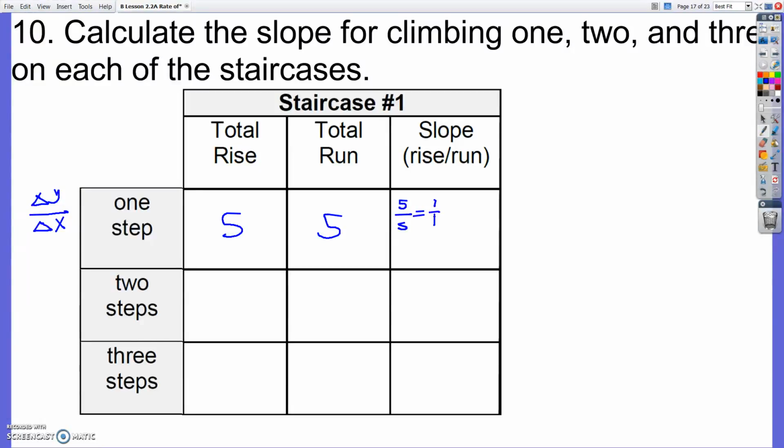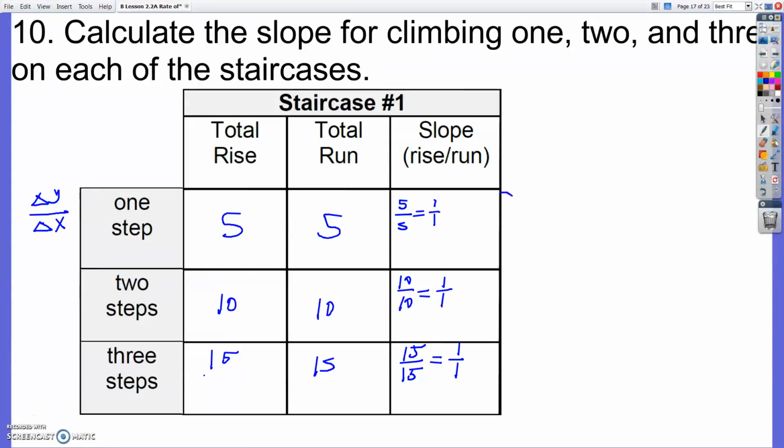All right. Second step, I went up to step 10, and I would go over 10, which would be 10 over 10, which also simplifies to 1 over 1. And finally, step 3 would be 15 over 15, which would be 1 over 1.